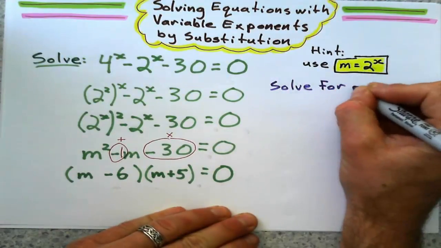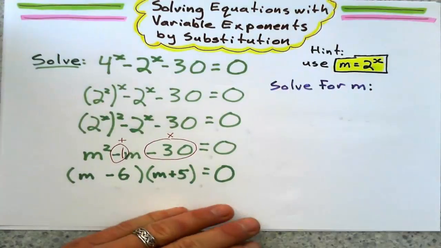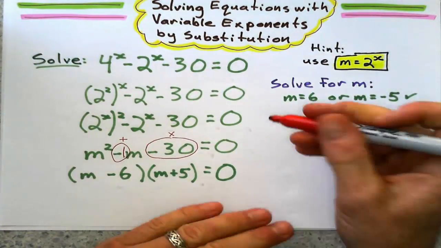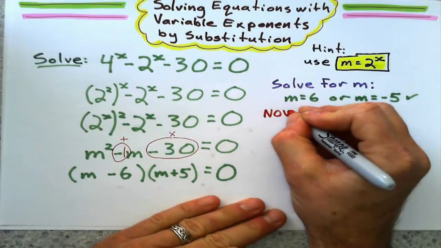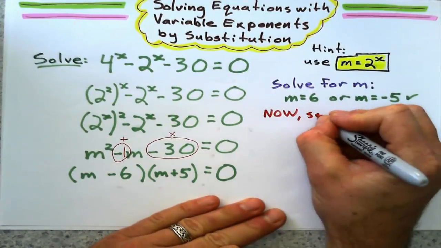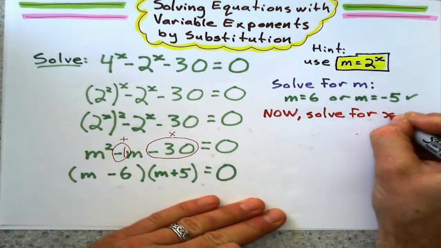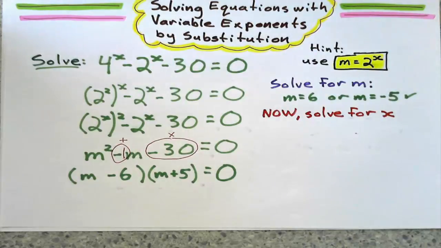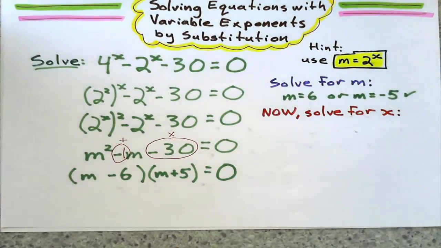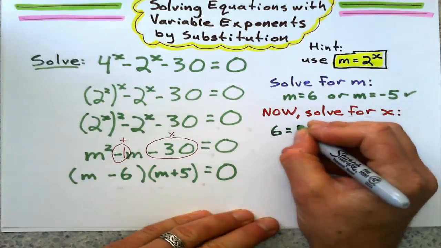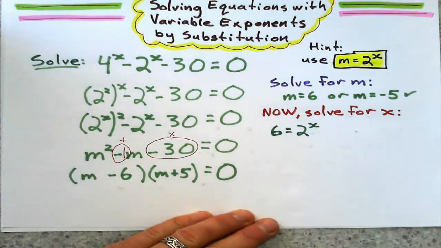Solve for m. And now solve for x. Okay. And when I do that, well, let's see, 6 equals 2 to the power of x.